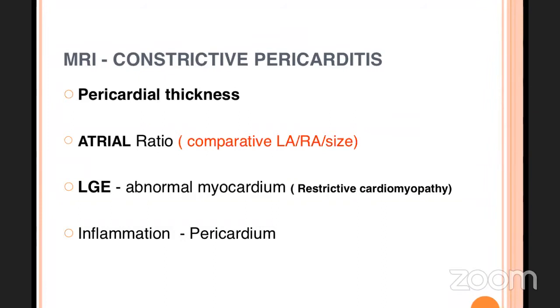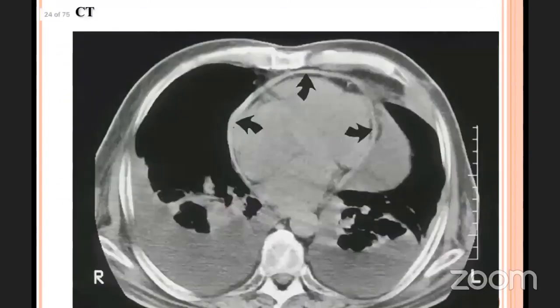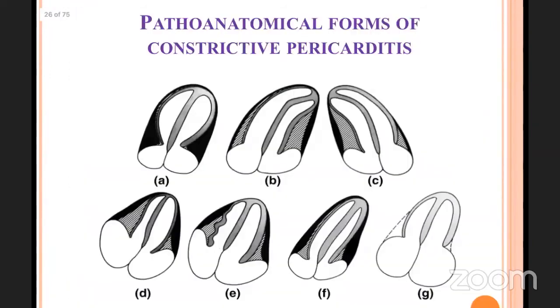Now, this is another way. CT is very good, especially in identifying the thickness, but more importantly, the calcification of the pericardium is best made out by CT. MRI can also identify alteration in the shape of the ventricles. This is not common, but when it is present, it is highly specific.